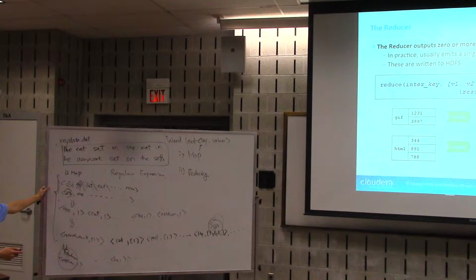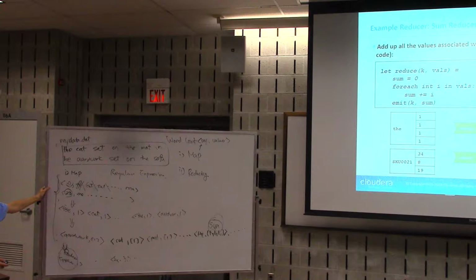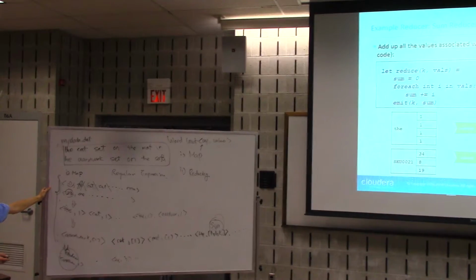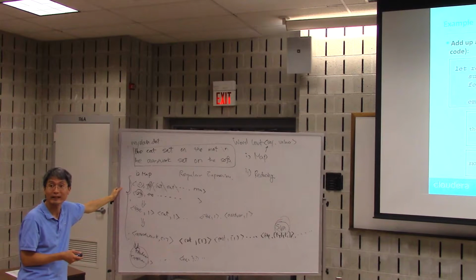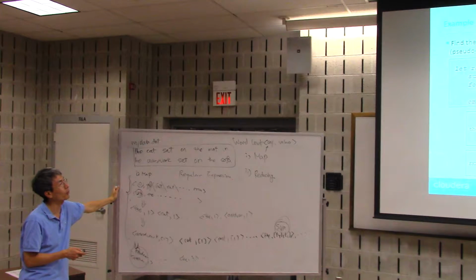Anyway, this is the job of the reducer. This is an example of a reducer. The most popular one is a sum, which means just add up all the values by key. That's the most popular one, like the Google Flu.